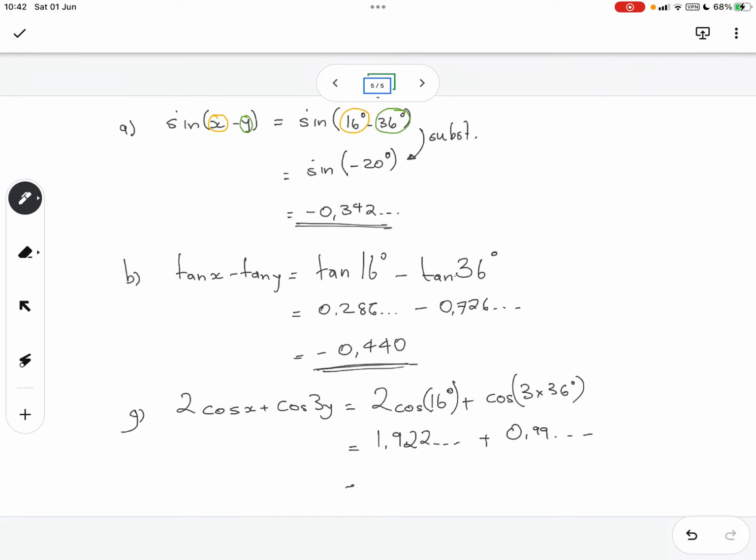Maybe I'm doing this one wrong. 3 times 36, I'm getting 0.30. I need to look at that again because it seems I'm not doing the calculator use right. So it's 3 by 36 and the cos of that. Yes, so it's negative 0.309. You're right.